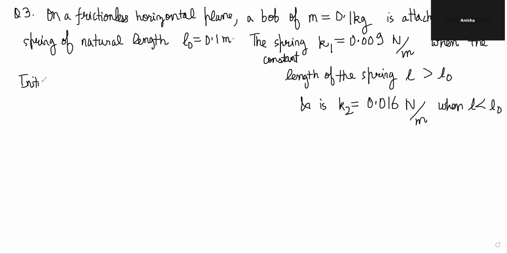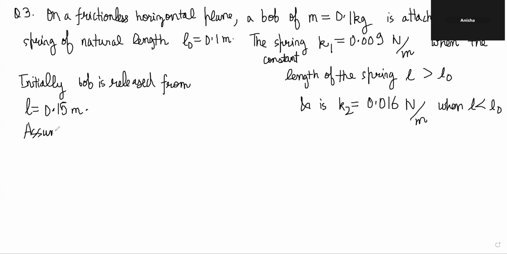Initially, the bob is released from L is equal to 0.15 meter. Assume that Hooke's law remains valid throughout the motion.